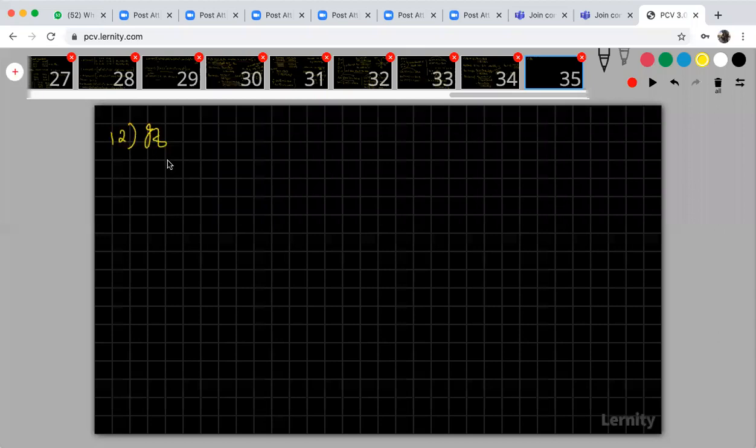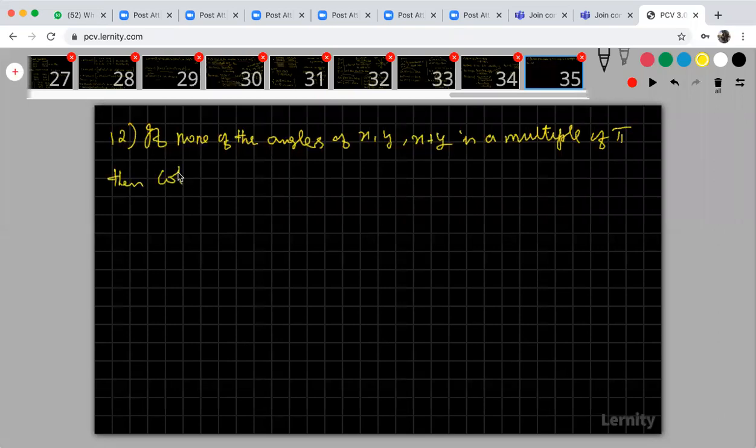Look at the condition here: if none of the angles x, y, x plus y is a multiple of pi, then cot of x plus y equals cot x cot y minus 1 divided by cot y plus cot x.